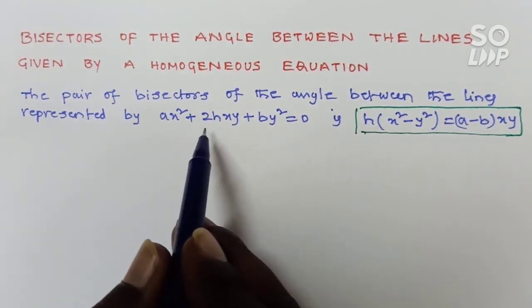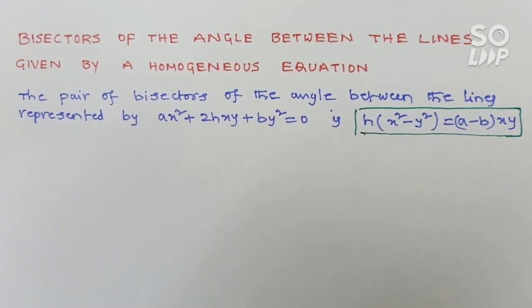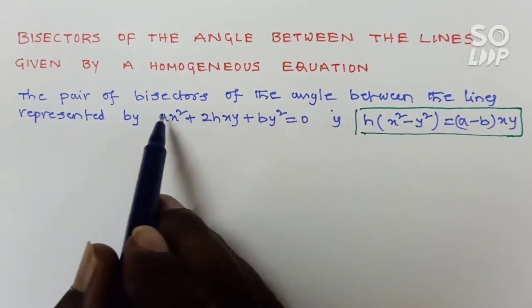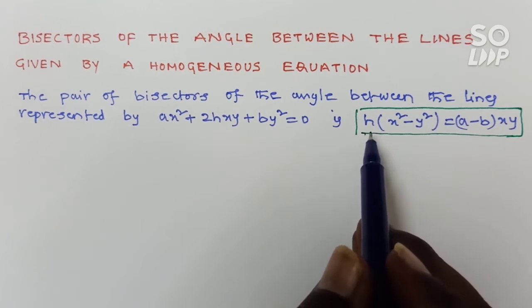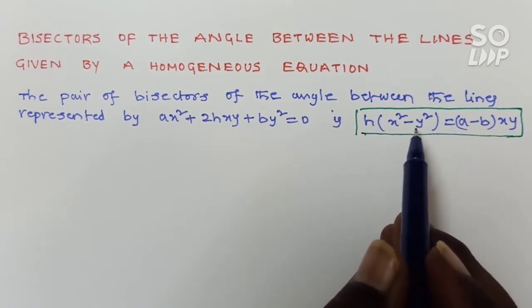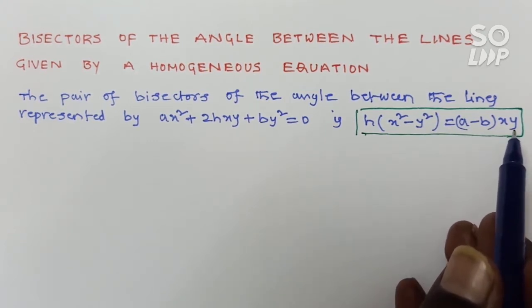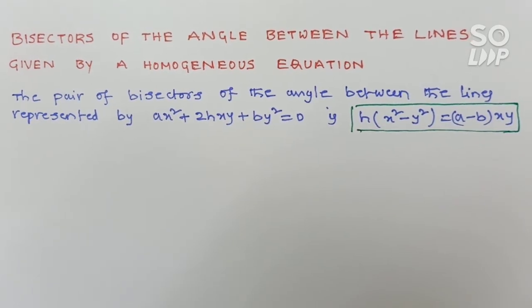This homogeneous equation represents two lines passing through the origin. Between those lines, the pair of angular bisectors equation will be h into x square minus y square is equal to a minus b into xy. This is the result. Now how can we prove this result?